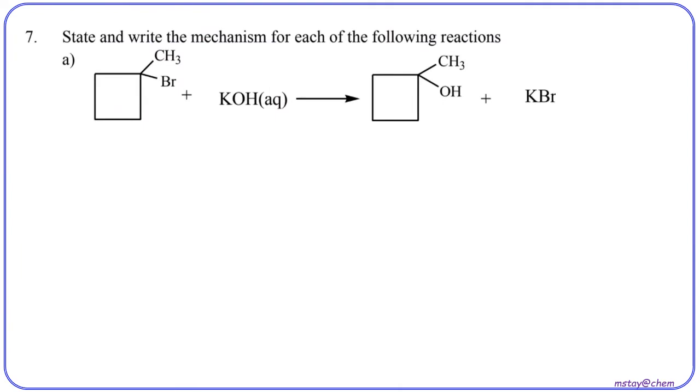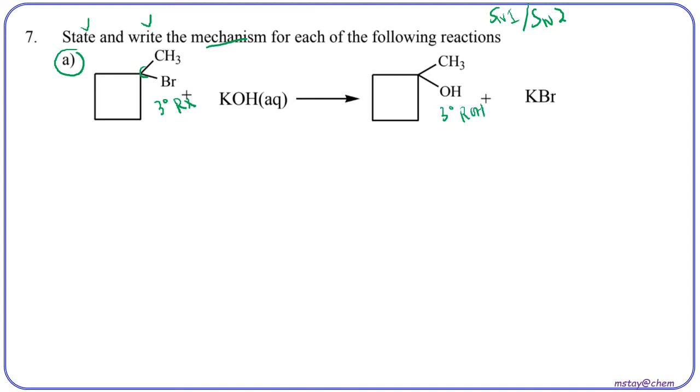Okay, question number 7. State and write the mechanism for each of the following reactions. So we look at A. Before we write the mechanism, we need to identify the type of mechanism, whether it's Sn1 or Sn2. Again, before we can decide, we have to check the haloalkane. This haloalkane is a tertiary haloalkane, and the product here is a tertiary alcohol.